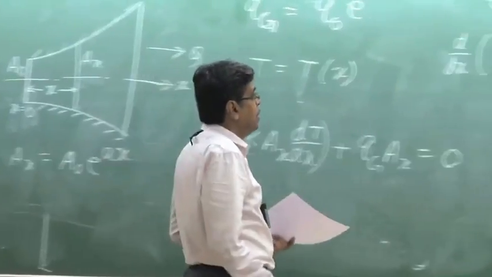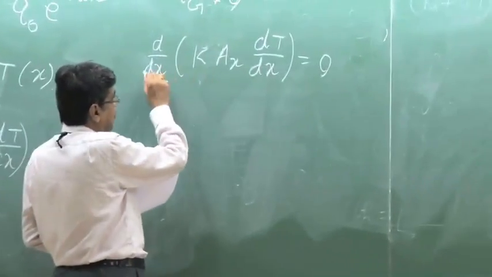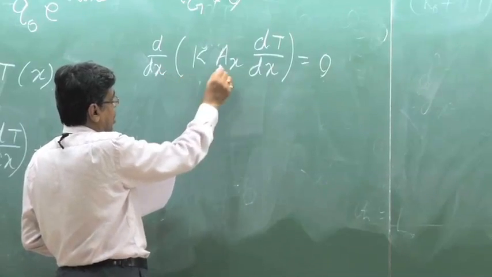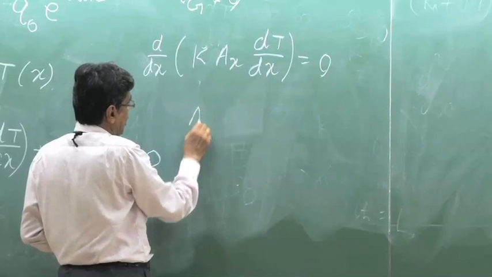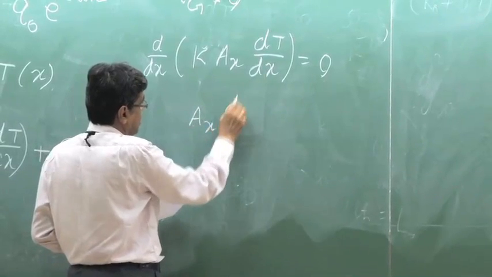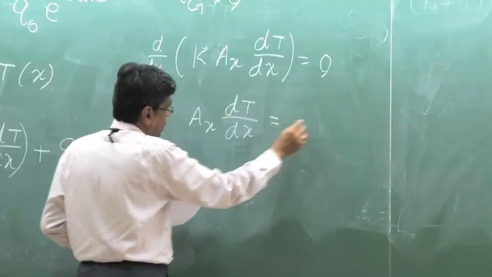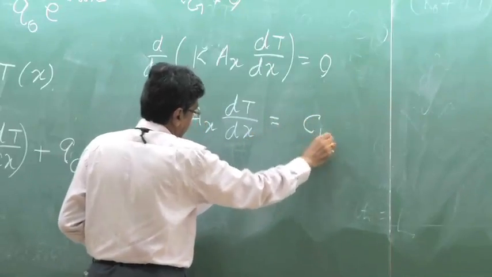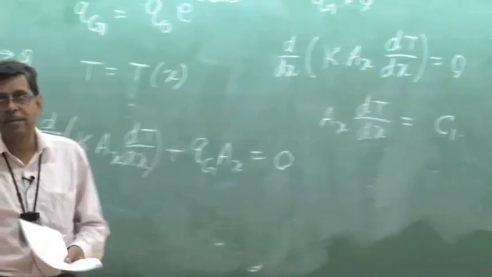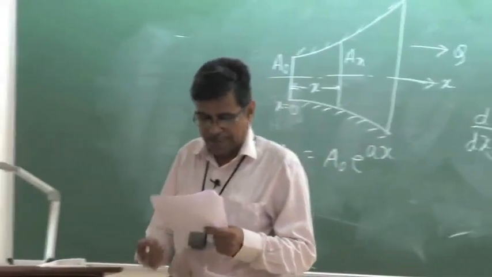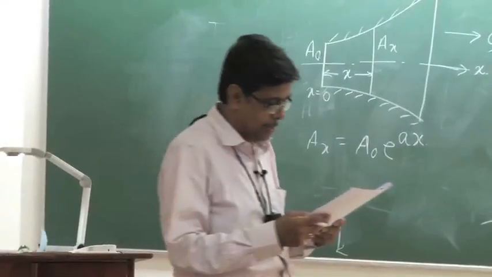That means simply k comes out, so d dx of A(x) dT dx is 0, that means A(x) dT dx, on first integration, yields a constant which I call C1.